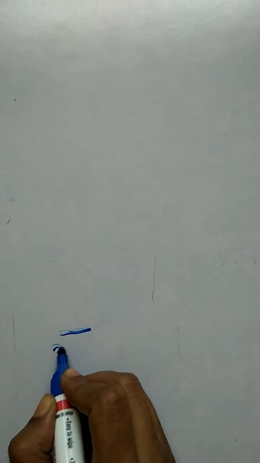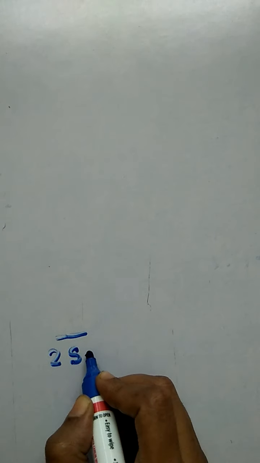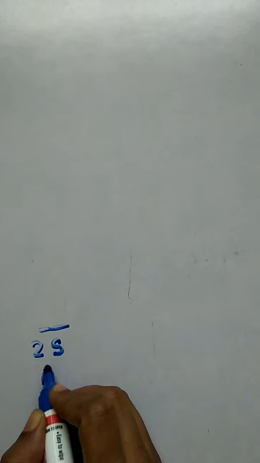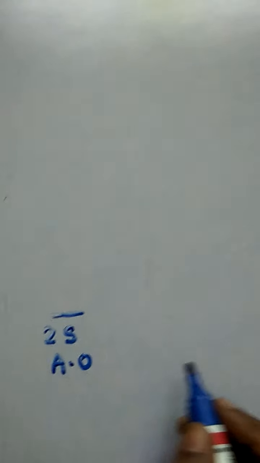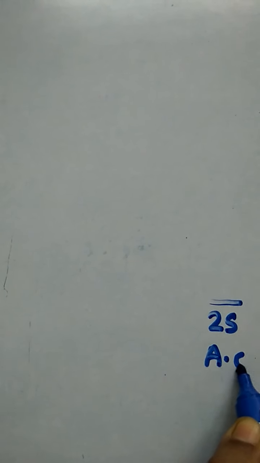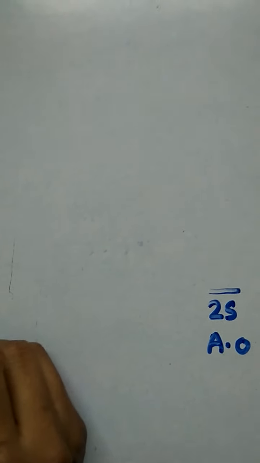So let us write first the 2s atomic orbital. Then I write here also the 2s atomic orbital. These two will combine.